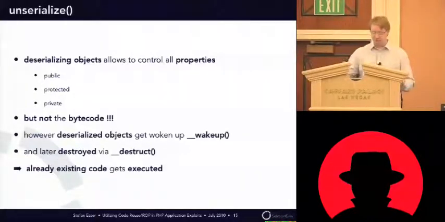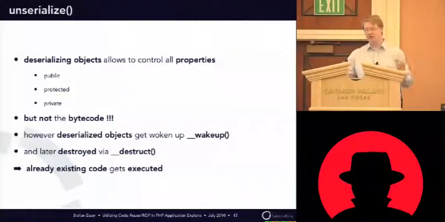That's not possible. However, whenever you unserialize an object, PHP will check if this object has a wakeup method in its class definition. If it has a wakeup method, it will execute it. And the other thing that's new in PHP 5, although PHP 5 is already old, is that the whole object model was restructured, and so now objects have real destructors.